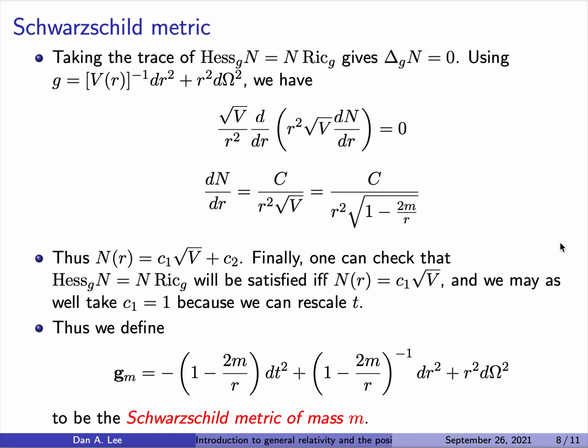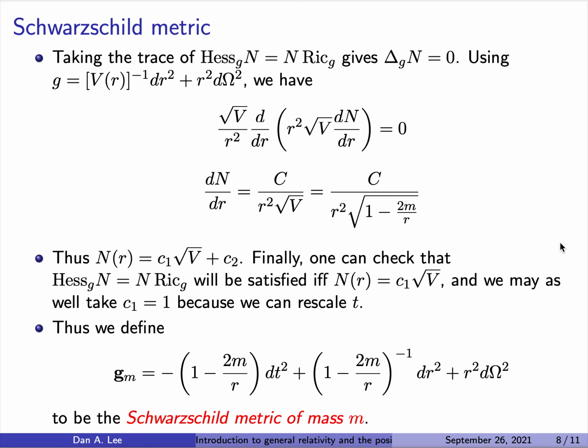So this is the reason why we can identify this quantity with mass, which is that the Schwarzschild metric of mass m behaves just like a Newtonian point mass or Newtonian planet of mass m, at least near infinity.